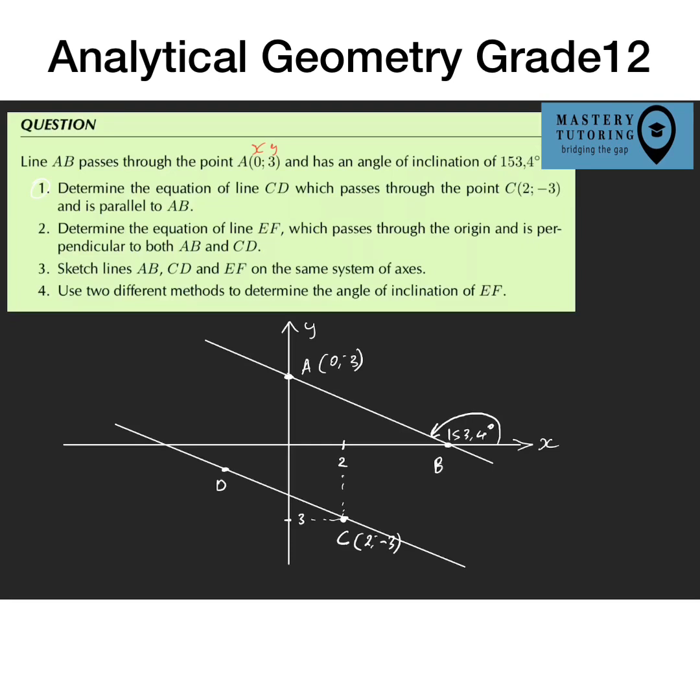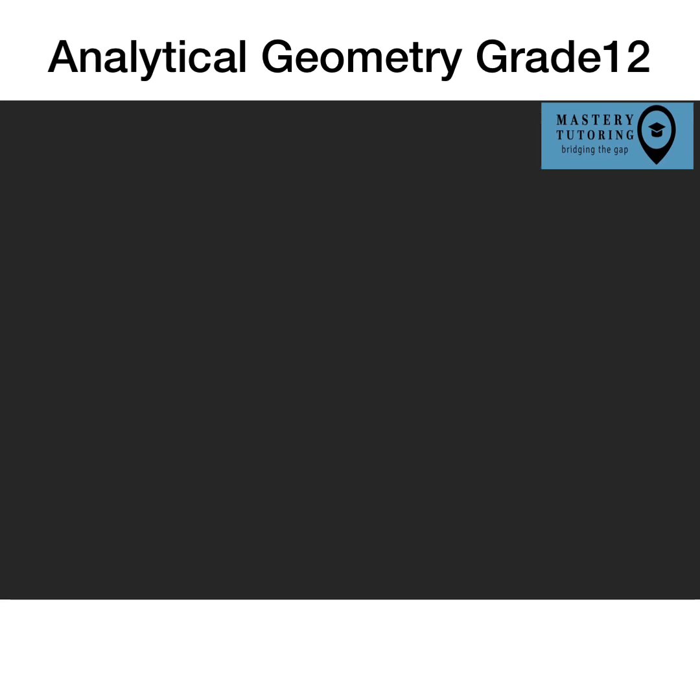Now to get the equation of line CD, we're going to have to apply the rule that says the slope of line AB is equal to the slope of line CD. So what I'm saying is, we know that the slope, or the gradient rather, of AB is equal to the gradient of CD. This is because the lines are parallel lines.